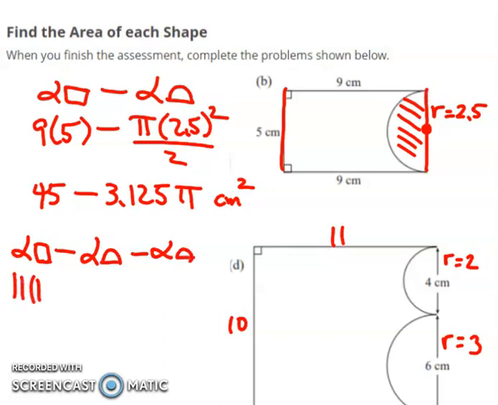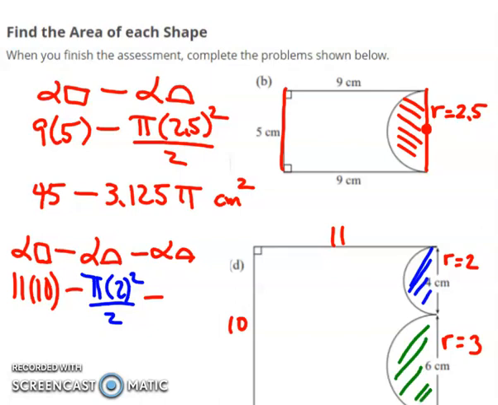So the area of the rectangle is 11 times 10. The area of the smaller half circle would be pi times 2 squared divided by 2. And the area of the bigger half circle would be pi times 3 squared divided by 2.